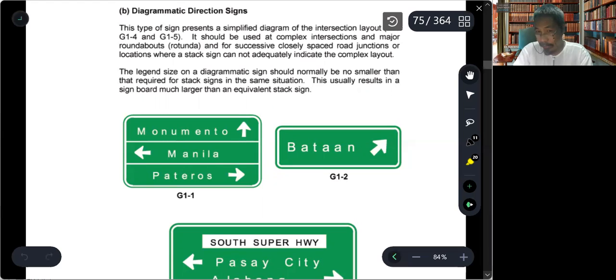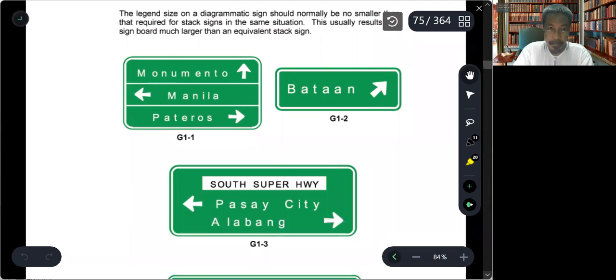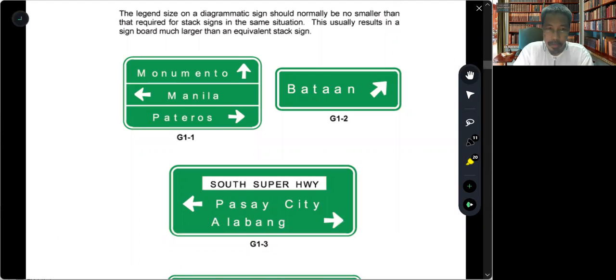So stack sign usually is smaller. So these are the examples of the stack sign. For example, we have G1-1. As you can see, there are arrows. But arrow down is not used. Okay? So you can see, arrow down is not used. Arrow going to the right, going to the left, and going upward. Or going 45 degrees. Okay?